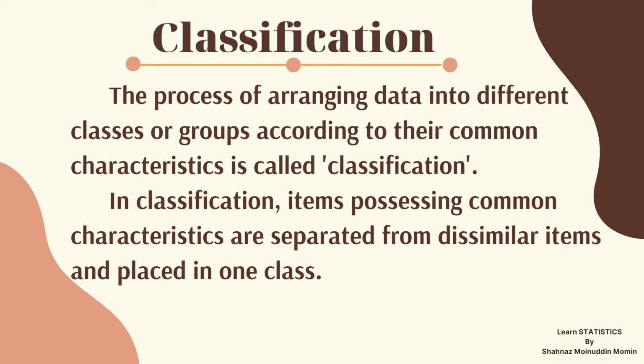Let us see classification. The process of arranging data into different classes or groups according to their common characteristic is called classification. In classification, atoms possessing common characteristics are separated from dissimilar atoms and placed in one class.